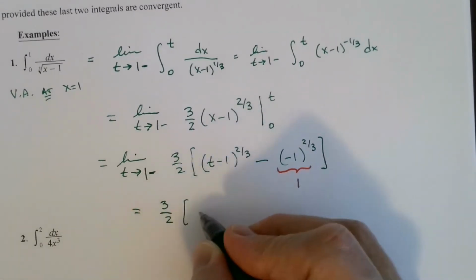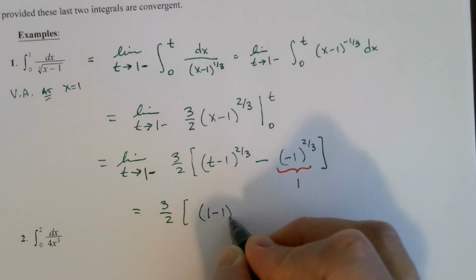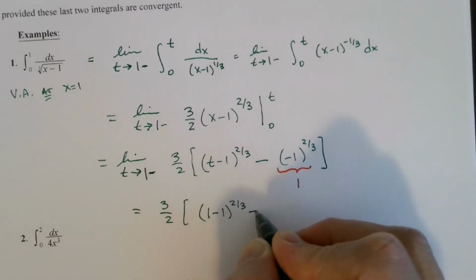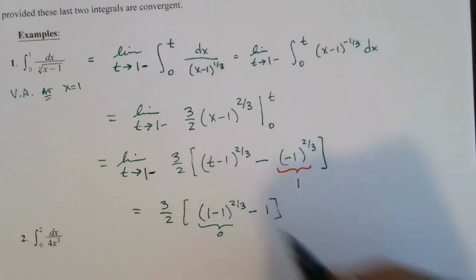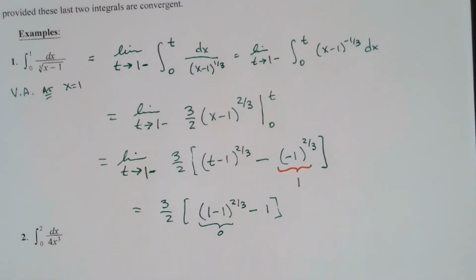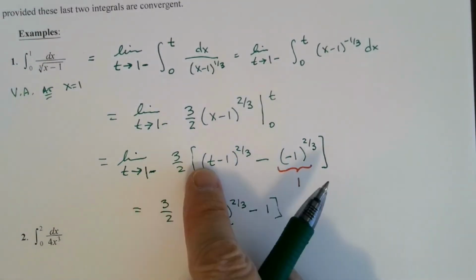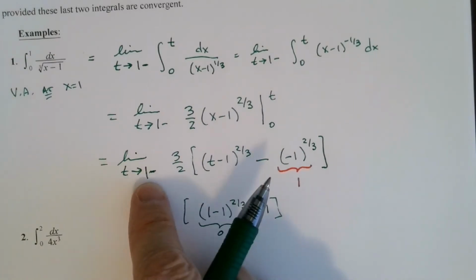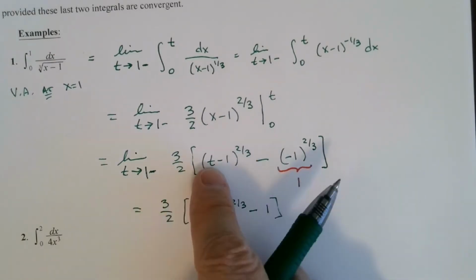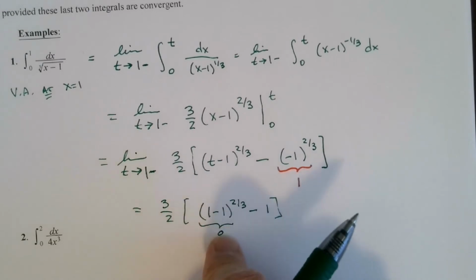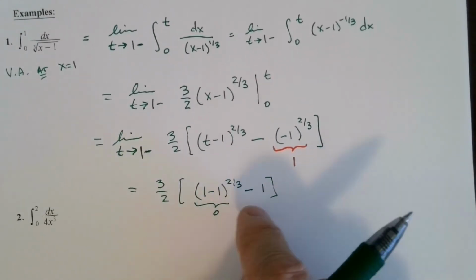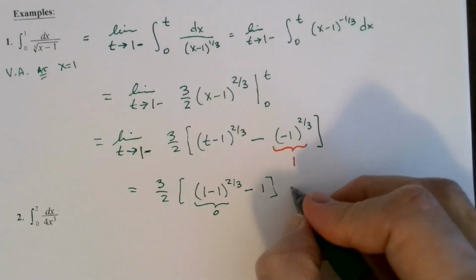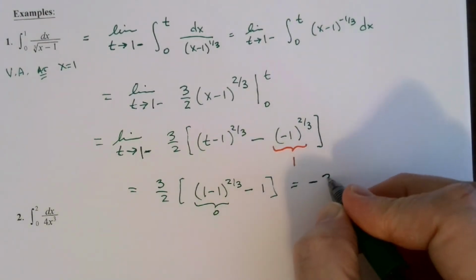And what do I get? 1 minus 1 to the 2/3 minus 1. Of course, 1 minus 1 is equal to 0. So you can plug in directly with limits, because notice we're taking limits not at infinity anymore, but we can plug in provided we get a real value output. 0 minus 1 is negative 1.